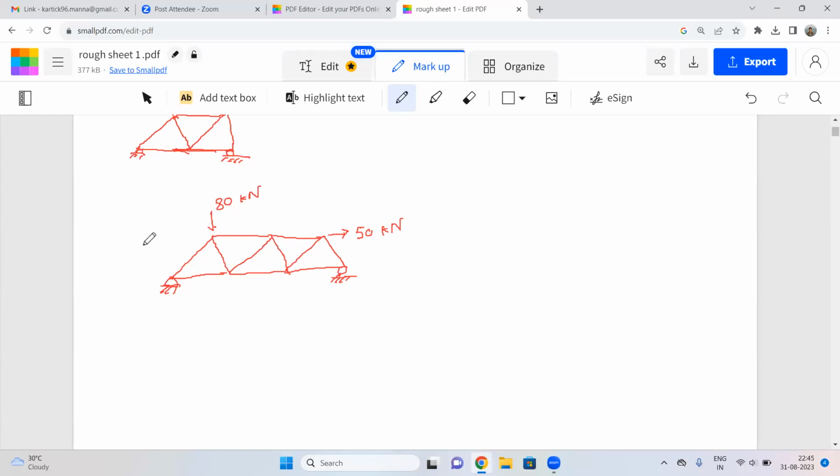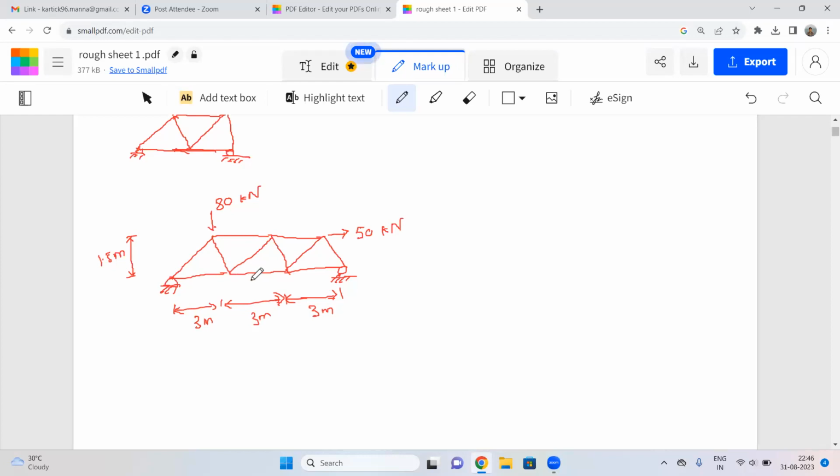About the length, suppose this height is 1.5 meter, and these lengths are equal, suppose 3 meter each.